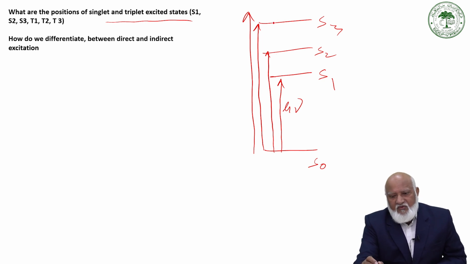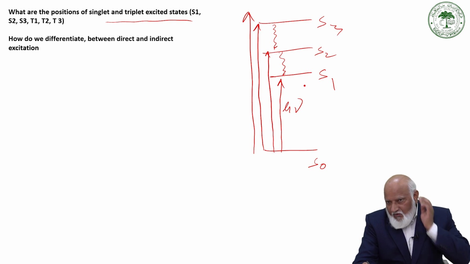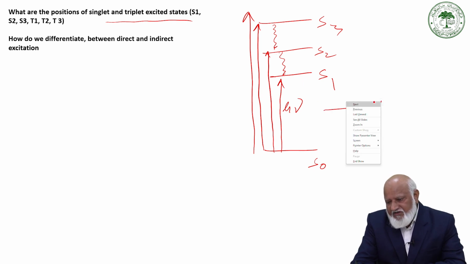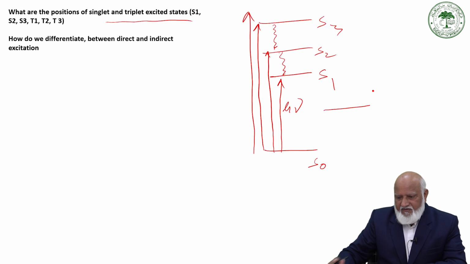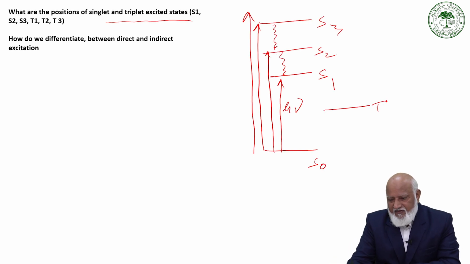A molecule from S3 can come back to ground state through internal conversion. And from the lower excited state it can come to the triplet state. This is the T1 state, this is the T2 state, and this is the T3 state.